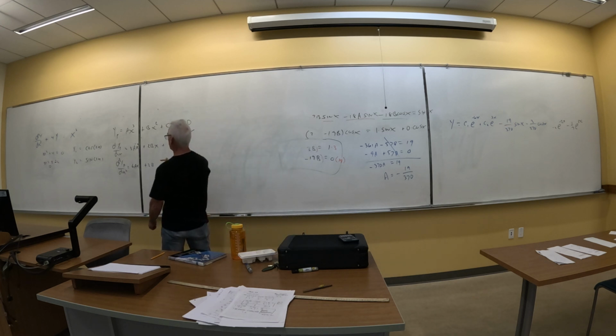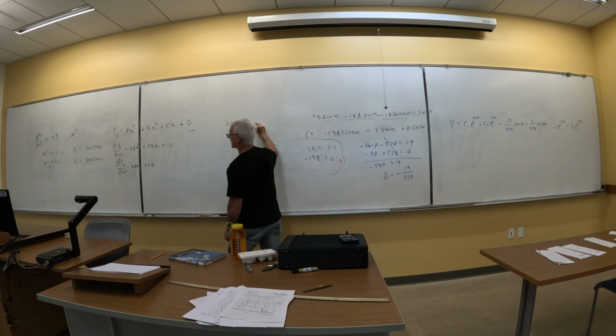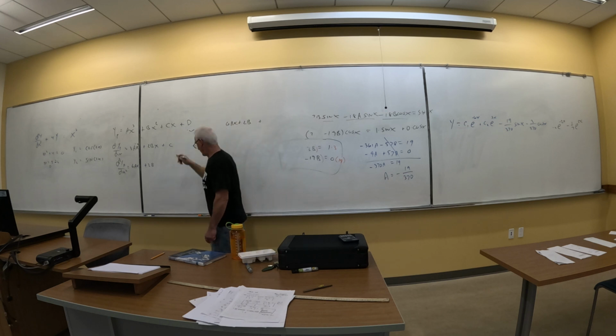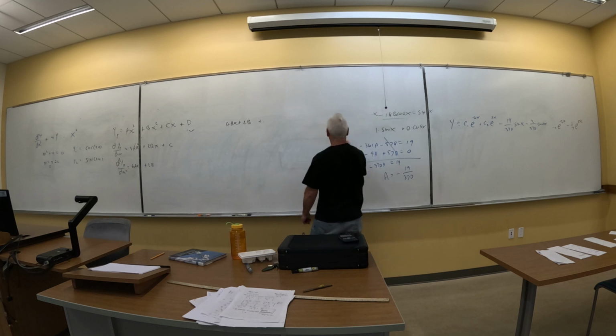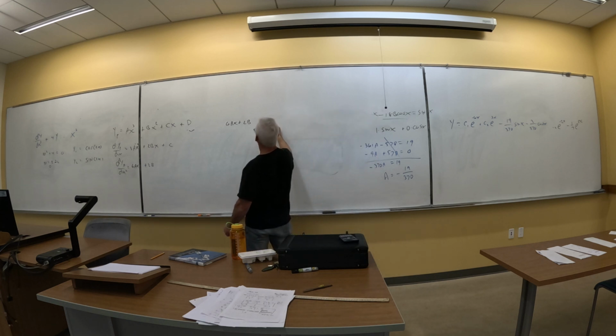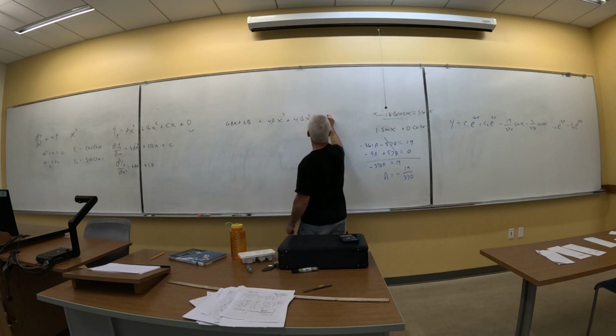Okay, so let's put these in there. So I've got 6ax plus 2b plus 4 of these. So plus 4ax cubed plus 4bx squared plus 4cx plus 4d.